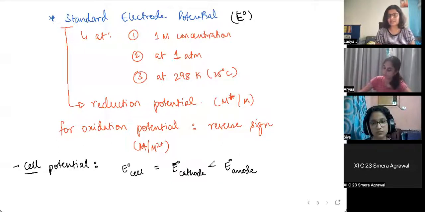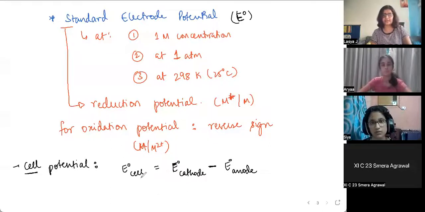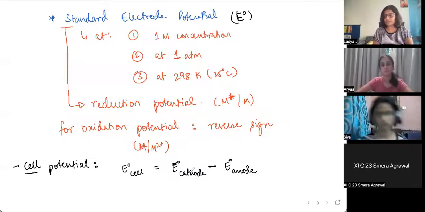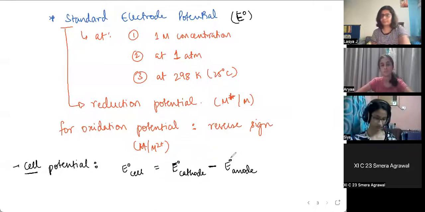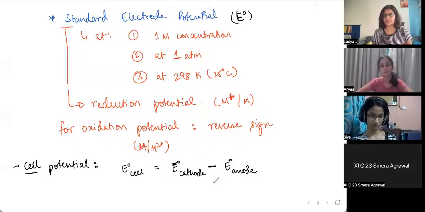Minus because they're in opposite directions. Whenever you're calculating, if one is reduction and the other is oxidation, it needs to be reduction minus oxidation. Because this is a reverse process, you add the minus sign so that everything is standardized to a constant.